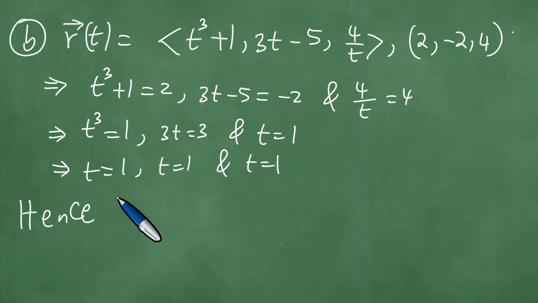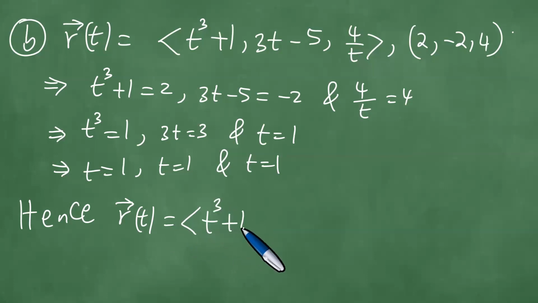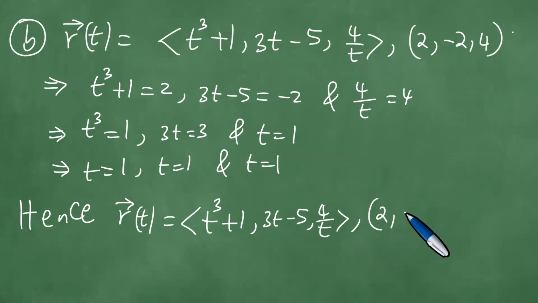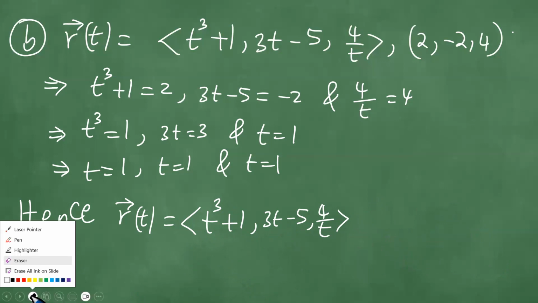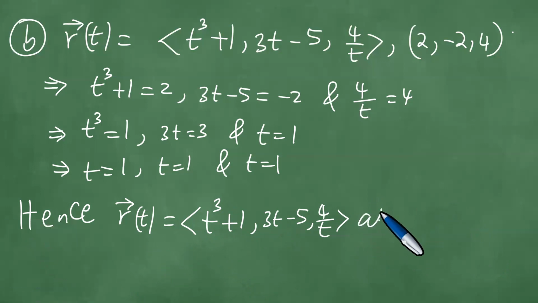All right, now we're able to write a conclusion. Hence, the vector R of t having t cubed plus 1, 3t minus 5, and 4 over t at the point 2, minus 2, 4 can be seen as the vector defined at t equals 1.